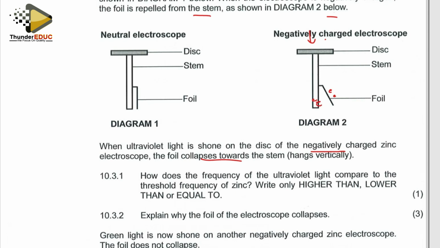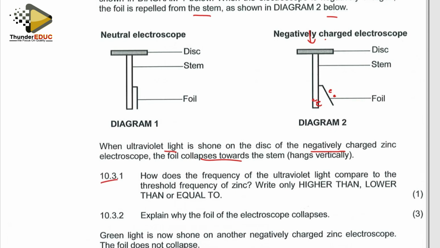So what this simply means is that ultraviolet takes away some electrons. As long as electrons are removed, the stem will be more positive and it will cause some attraction. In other words, it neutralizes the entire system again.